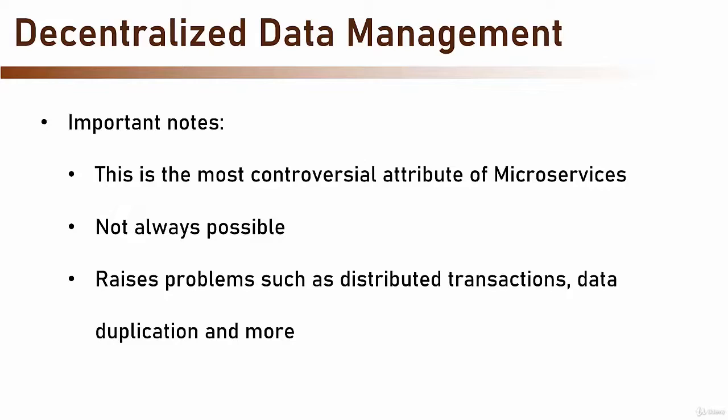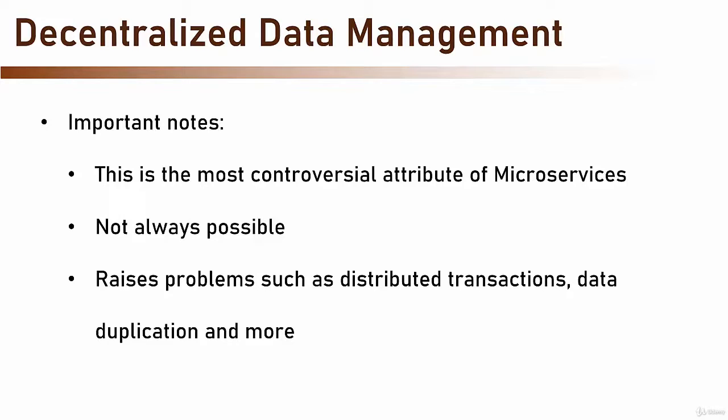It makes us use ugly mechanisms such as distributed transactions and two-phase commit, which are extremely fragile and add a lot of complexity, and we end up with a system which is more complicated than a regular monolith with a single database, and we miss the whole idea of microservices. In addition to all that, we also have data duplication, meaning the same data, albeit in different representation, is duplicated across two databases.